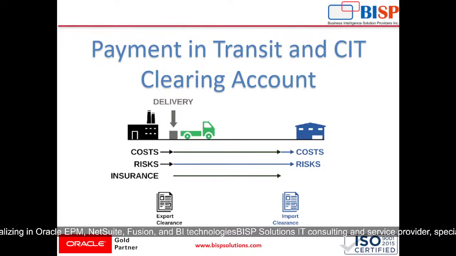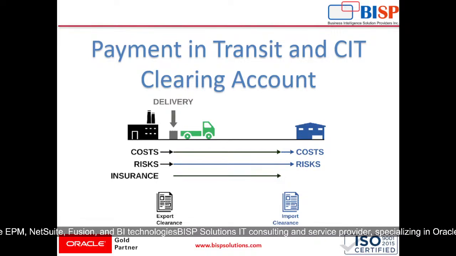Okay. So what will be the accounting entries? Firstly, we are collecting the cash end of the day. So debiting the cash on hand account or a cash register account to sales revenue account. Okay. If the cash is in transit, then debiting the CIT clearing account to cash on hand account or cash register.